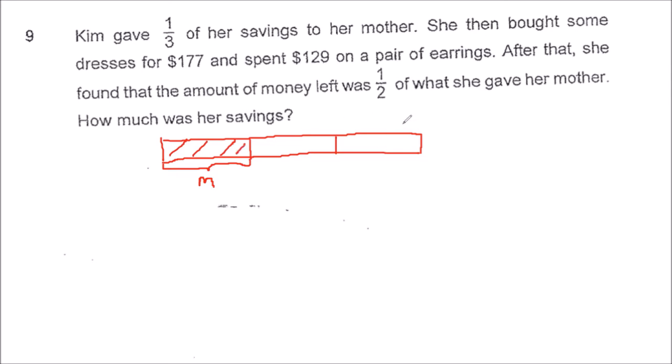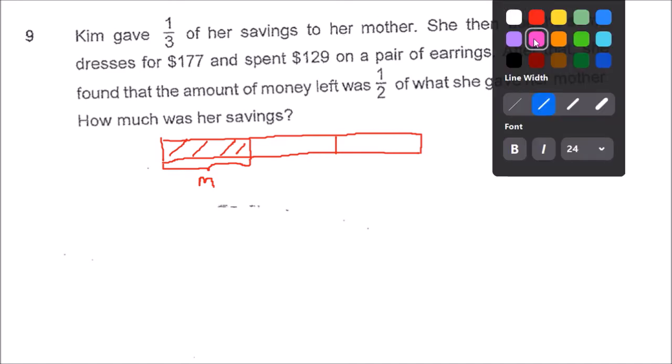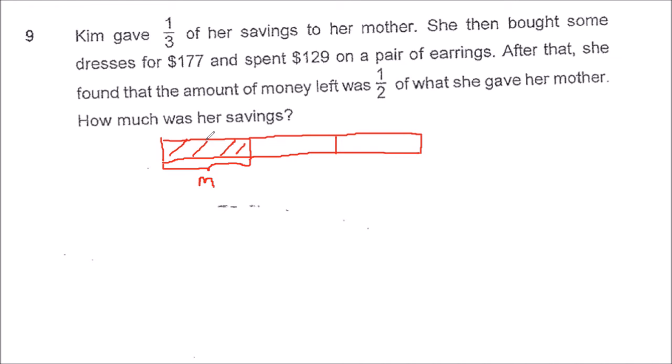Then she spent on some dresses and some earrings, and she's left with half of what she gave her mom. Can you see that? I can actually cut this into half. So it's half of this bigger unit, and this is what is left.